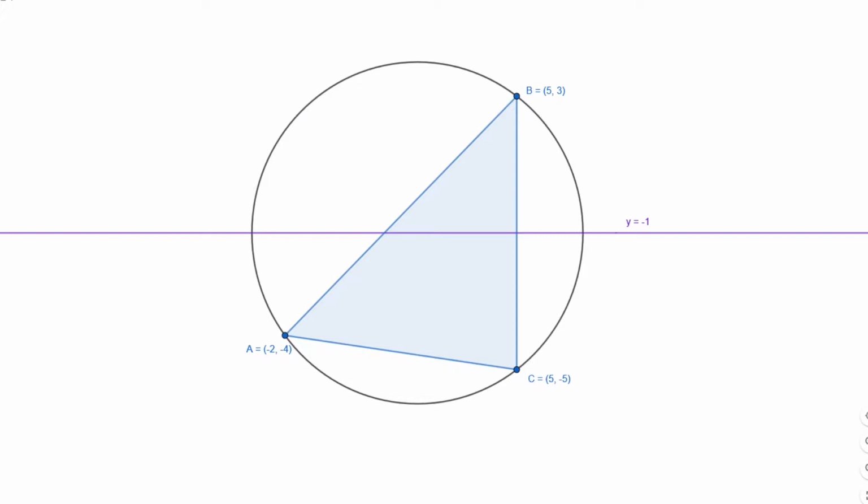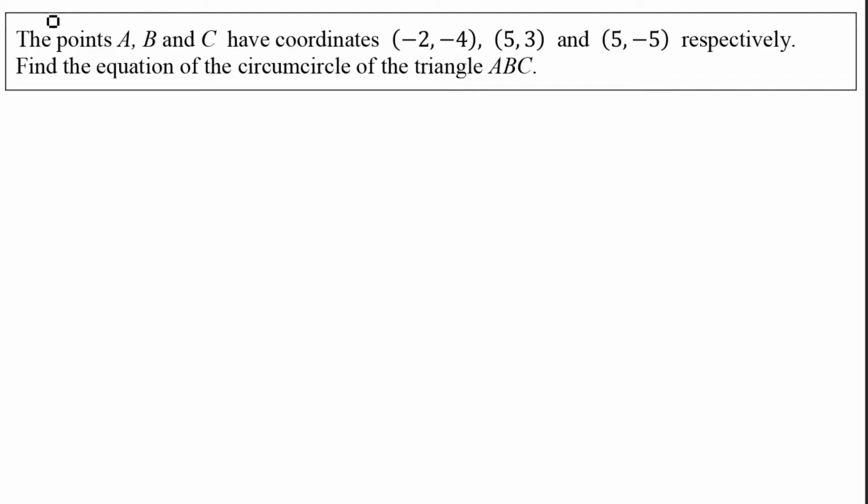Now we'll consider the perpendicular bisector of the chord AB. This will require a little more work. So what is the gradient of the chord joining A and B?